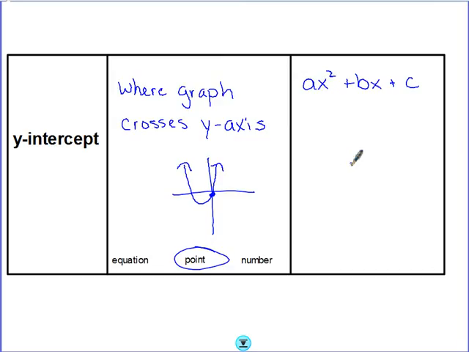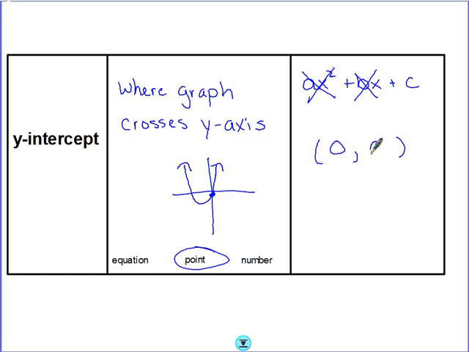The y-intercept is an ordered pair, and it's always going to be 0, comma something, because if I'm on the y-axis, I haven't moved left or right at all, so my x-coordinate is 0. If I were to plug 0 in for the x's here, that would make this term 0, and it would make this term 0, which would mean they would go away, because I would have 0 plus c.